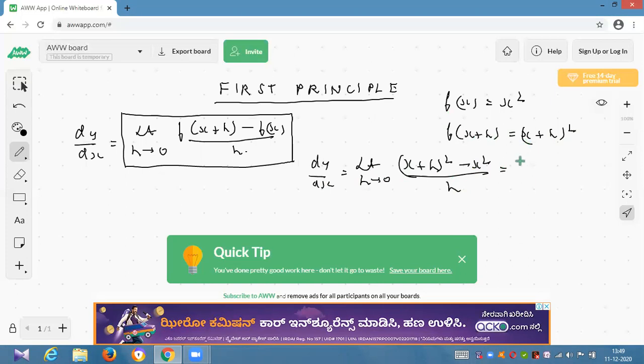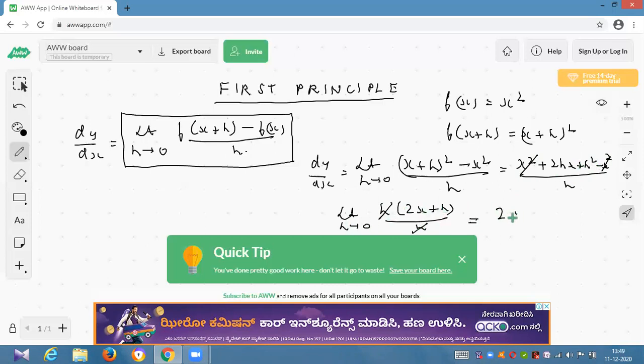So that becomes x square plus 2hx plus h square minus x square, whole divided by h. So x square gets cancelled, h can be taken common. So limit h tending to 0, if I take h common, I get h times (2x plus h) divided by h. So I cancel out the h in the numerator and the denominator, and putting the value of h tending to 0, I get an answer as 2x.